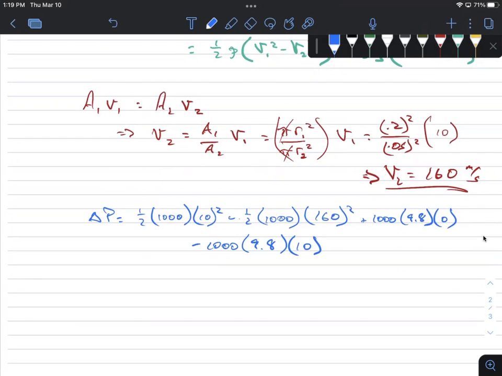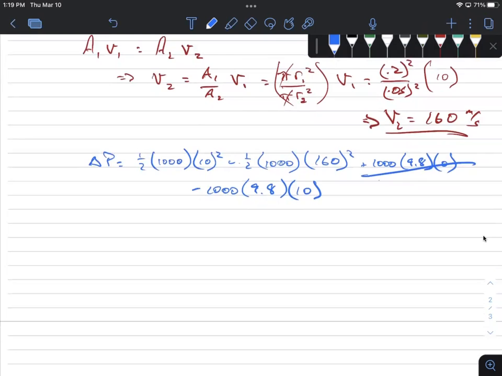Okay. Before I calculate it out, are there any questions about where these numbers came from? All right, well, this term is 0, so that's good.